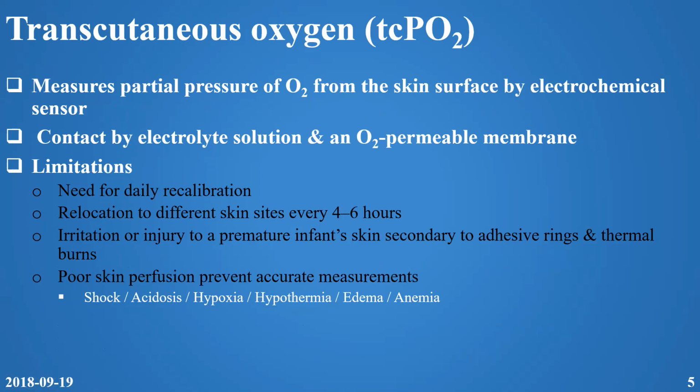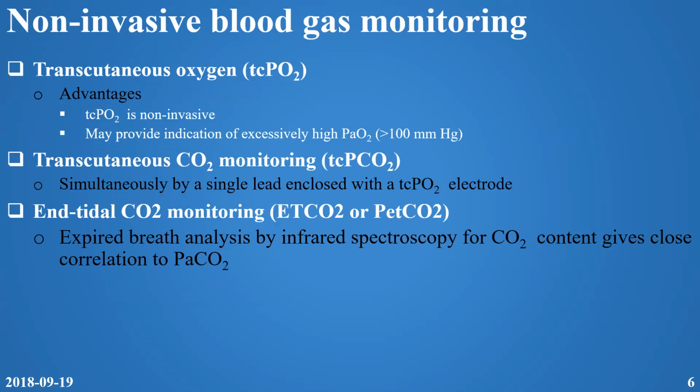And because it's electrochemical, it causes thermal damage to the skin, especially in a premature baby. It is also affected by perfusion more than pulse oximetry. So shock, acidosis, hypoxia, hypothermia, edema, and anemia affect the result. Okay? The advantage is that it gives you a number, not a percentage. Another advantage is that it also measures the oxygen dissolved in the plasma, not only the oxyhemoglobin.